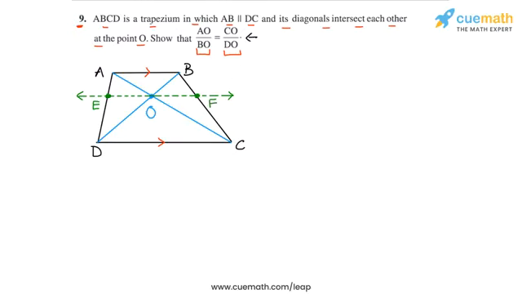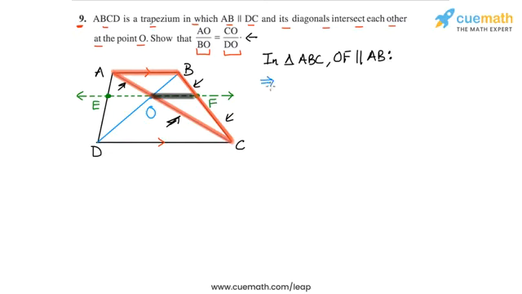So let's write out this reasoning step by step. Okay, so first we will consider triangle ABC. In triangle ABC we have OF parallel to AB, and therefore we can say using the BPT that AO by CO is equal to BF by CF. The reason is basic proportionality theorem, and let's call this equation 1.